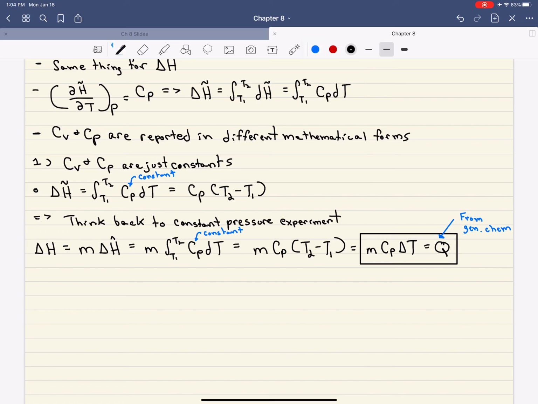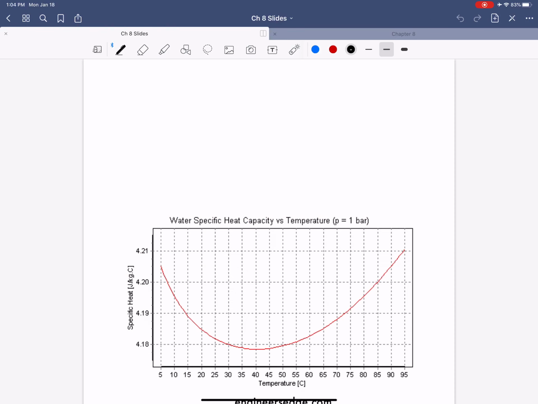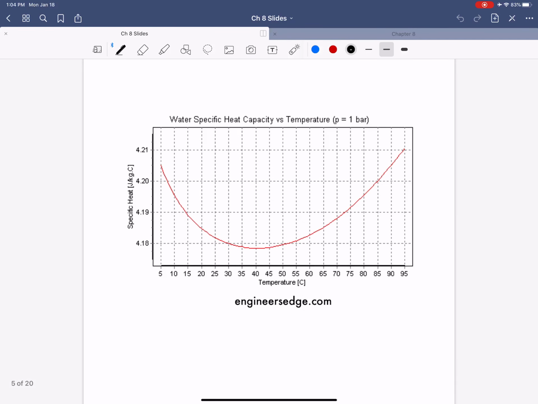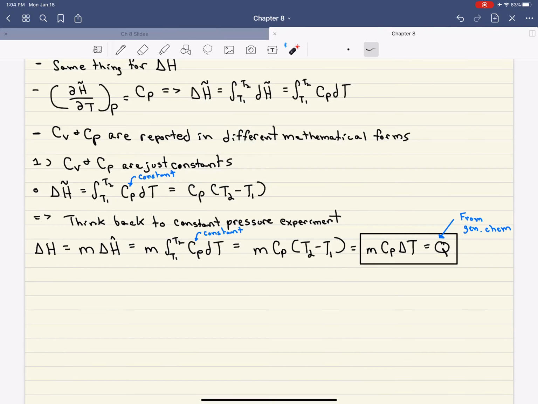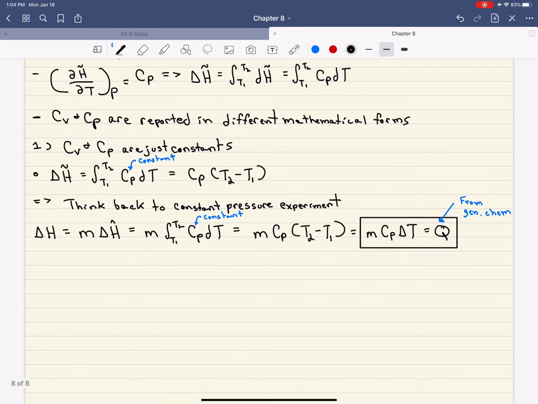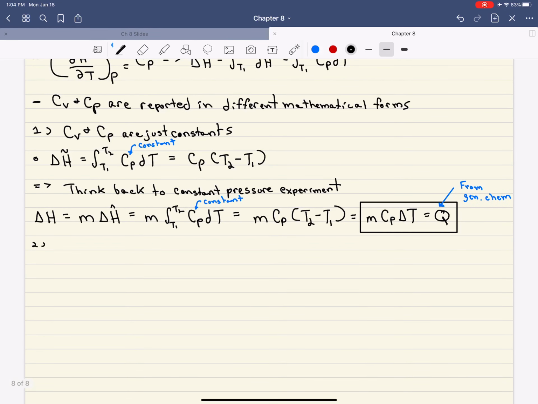For example, if we take a look at the heat capacity of water versus temperature at constant pressure, we see that we don't get a flat line. Rather, we see that the heat capacity forms like a parabolic equation. That's because for many chemical species, the constant volume heat capacity and the constant pressure heat capacity are functions of temperature.